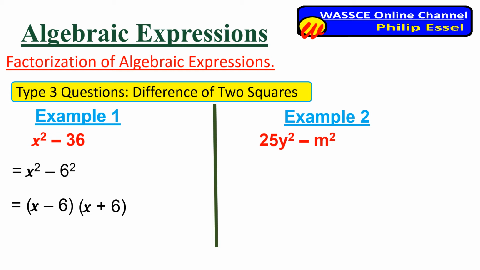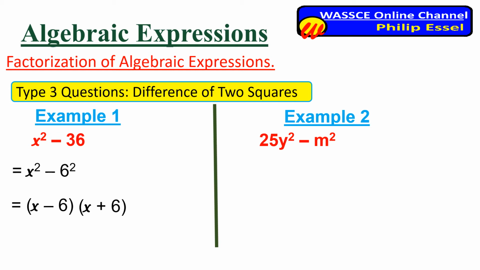First, we'll need to note that the number 25 is a perfect square. You would get the number 25 when 5 multiplies itself. 5 times 5 is 25. So 25 can be written as 5 exponent 2 or 5 squared.